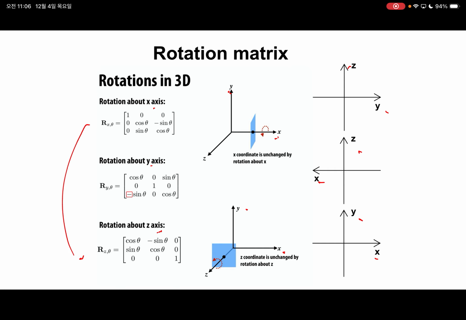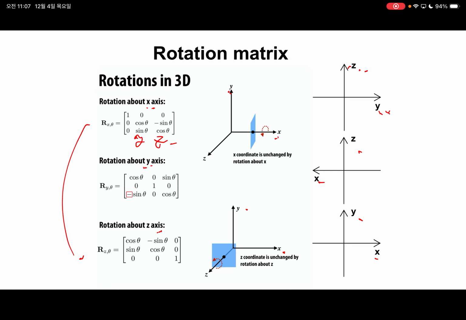If we rotate about the X-axis, there is the right-hand rule: the X-axis becomes our thumb, and we rotate counterclockwise, so that we can make this YZ rotation. Then in the YZ block, we have cosine, minus sine, sine, cosine.